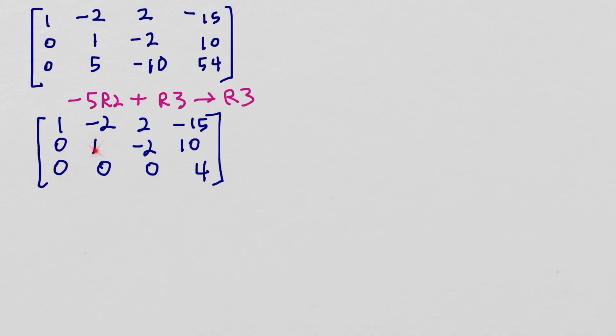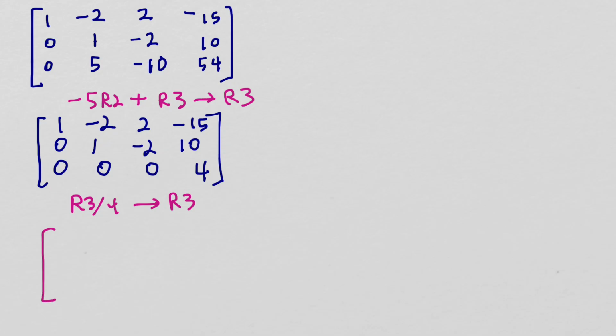Okay, so I've got a leading one in this row. Now if I look down here, I don't have a leading one here like I did in the previous several examples, but I can get a leading one all the way over here. So I'm going to go ahead and do that. So row 3 divided by 4 is going to give me new numbers on row 3.